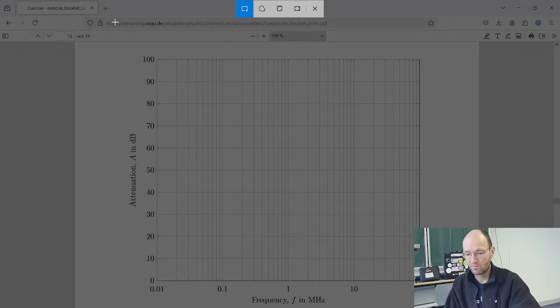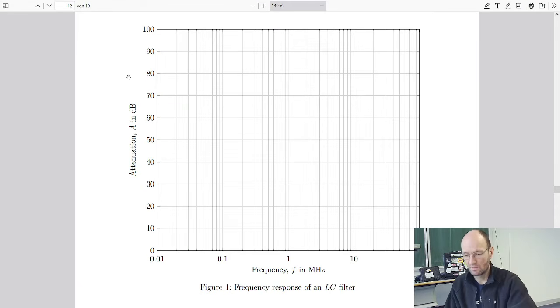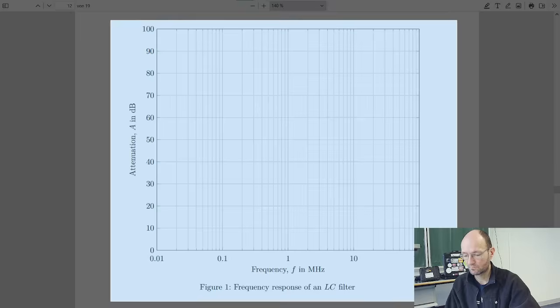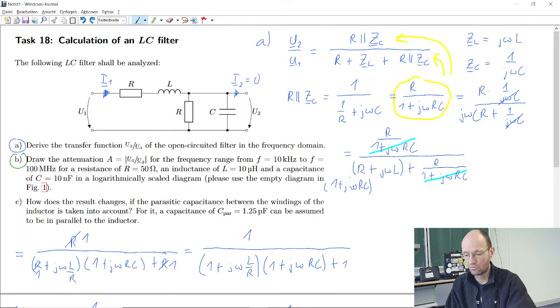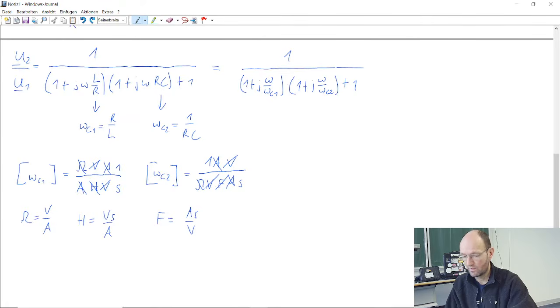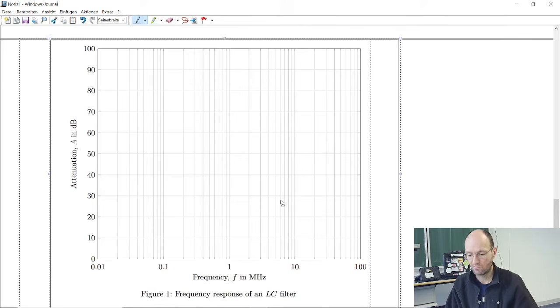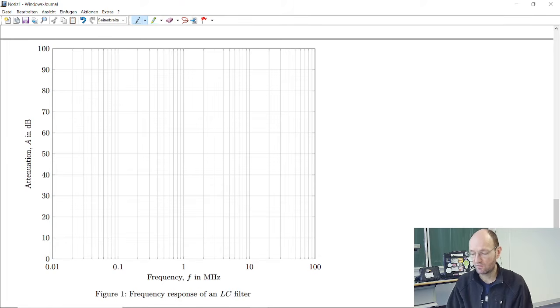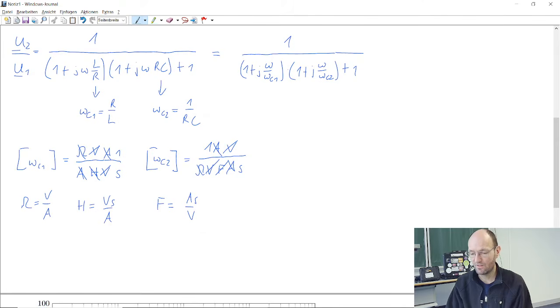So let's copy this into my drawing program on a new page. Maybe here. And so we can now into this diagram try to draw the amplitude response of our filter.